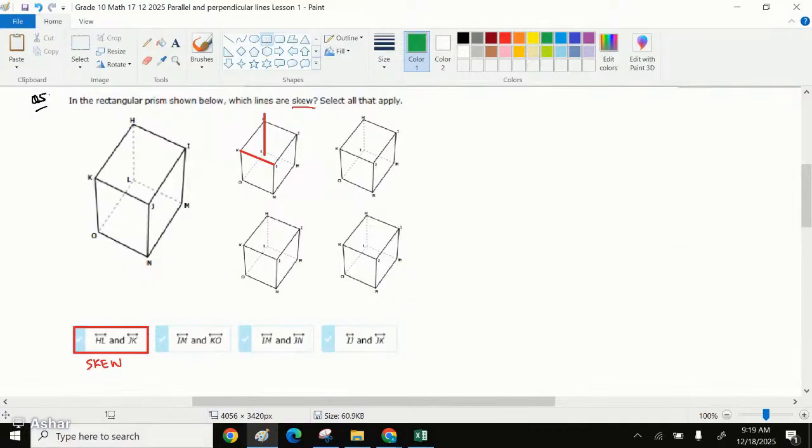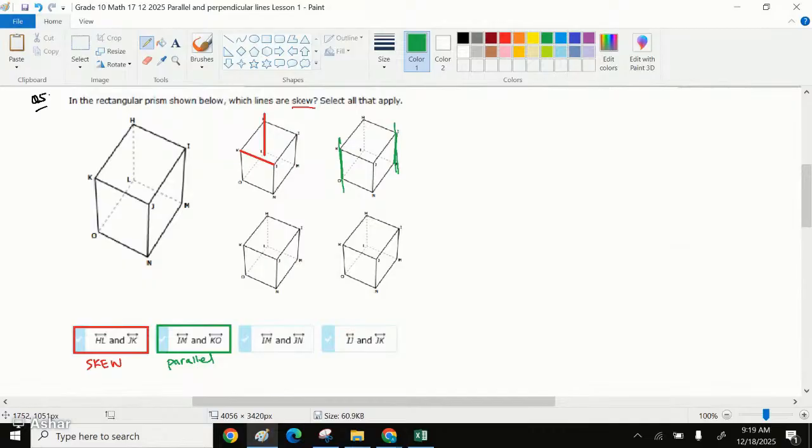IM and KO. Where is IM? This is IM and this is KO. Are these two lines skew? No, they are parallel because they are in the same direction. Okay.